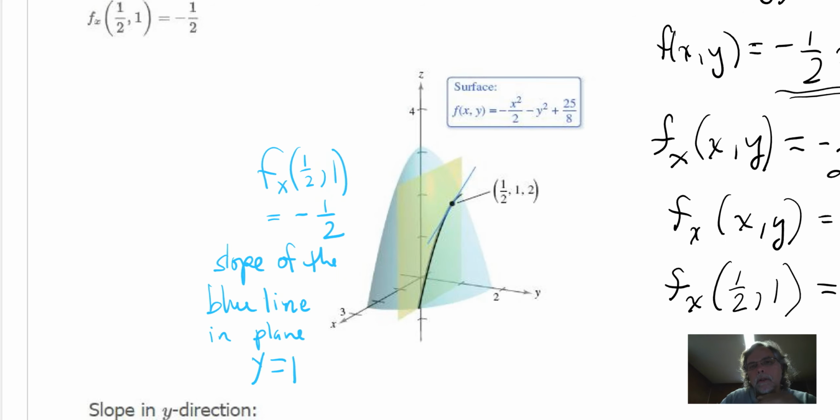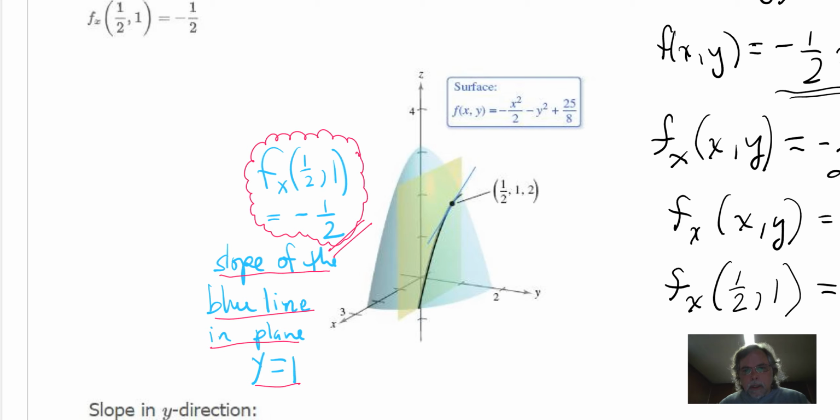Now, in terms of what that partial derivative being negative 1/2 means geometrically, here it is. The partial derivative of f with respect to x at the point 1/2, 1 is equal to negative 1/2. It means the slope of the blue line in the diagram in the plane y equals 1 is negative 1/2. In this diagram we have the surface, which is this bluish color. We have the plane y equals 1, which is this off yellowish color.